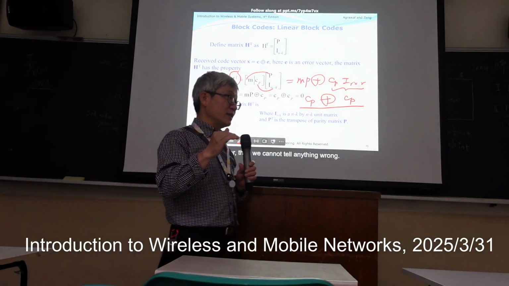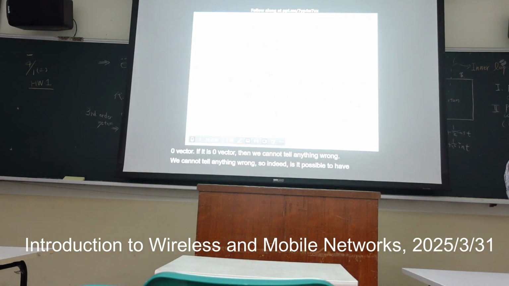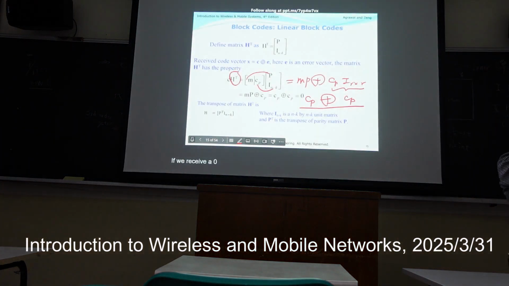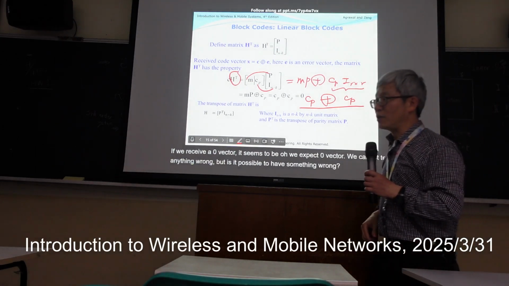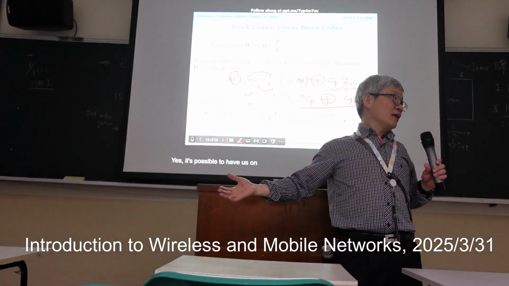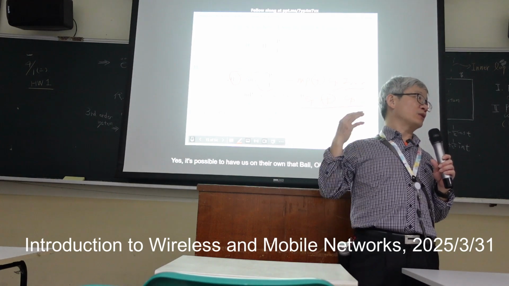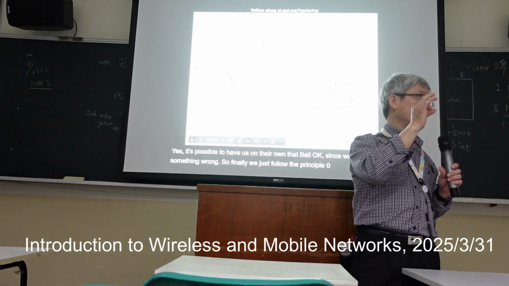So indeed, is it possible to have something wrong? If we receive a 0 vector, we expect a 0 vector, and we cannot tell anything wrong. But is it possible to have something wrong? Yes, it's possible, but since we cannot tell something wrong, we just follow the principle: 0 vector, then we think nothing wrong.